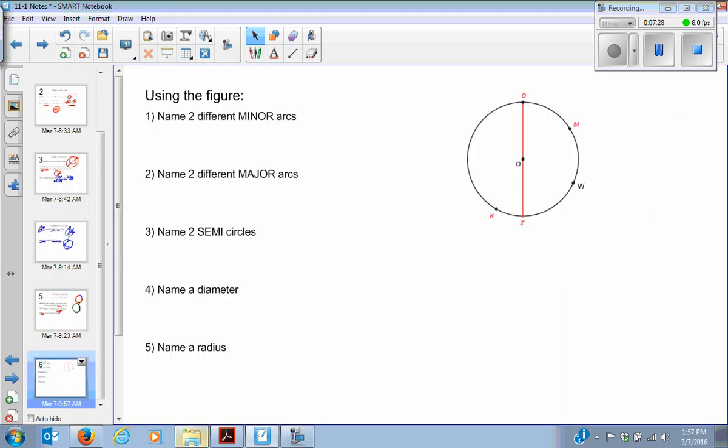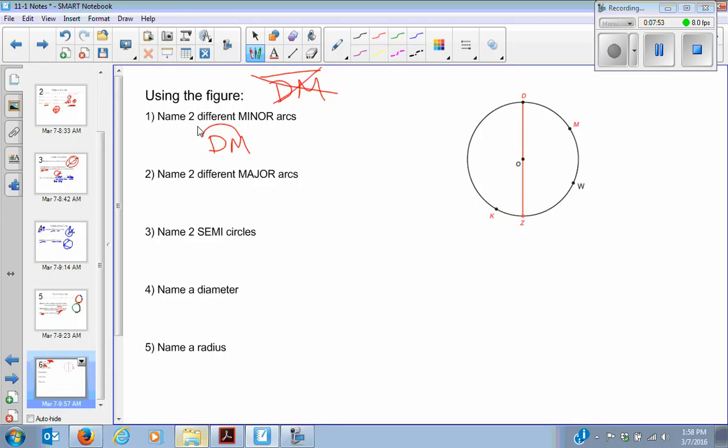Here we go. Name 2 different minor arcs. If I want to name this, I could name an arc DM. Notice my letters are still capital, but then I put this little arc mark over the top of the DM. Make sure that you do not write it like a line, because that would be line segment DM.